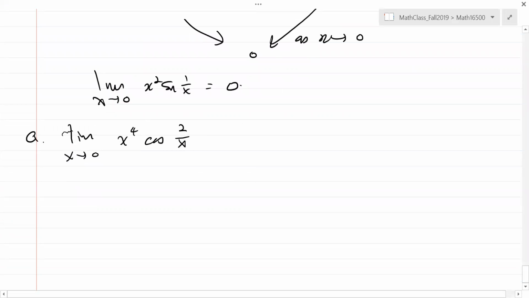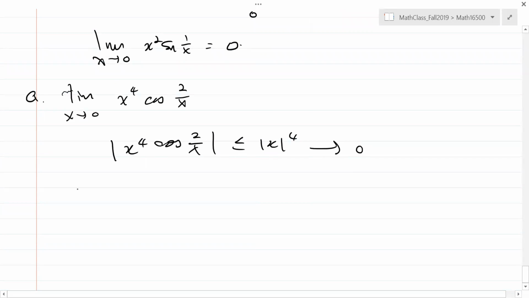Well, when x approaches 0, cosine of 2 over x could be positive, but it could also be negative, right? But x to the fourth is a very strong number. Okay, so x to the fourth cosine of 2 over x is going to be less than or equal to x to the fourth. All right, so clearly this approaches 0, therefore it forces the limit to be 0.